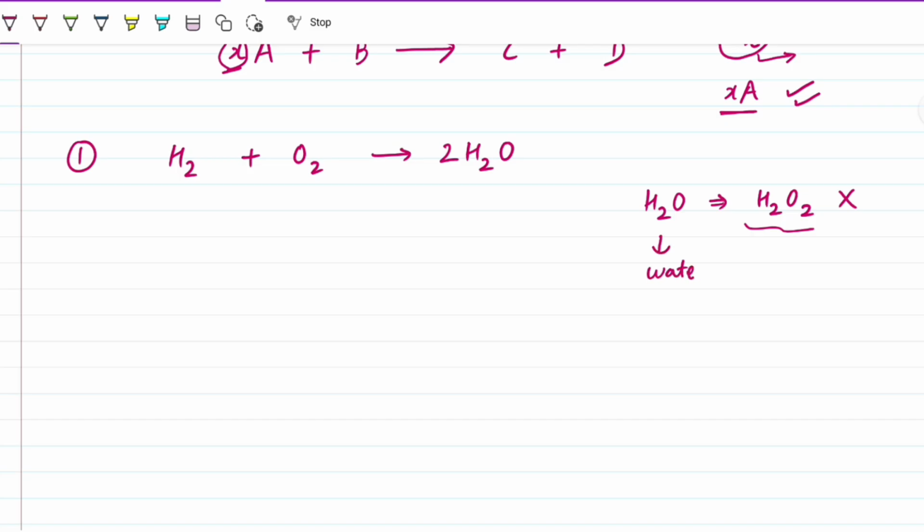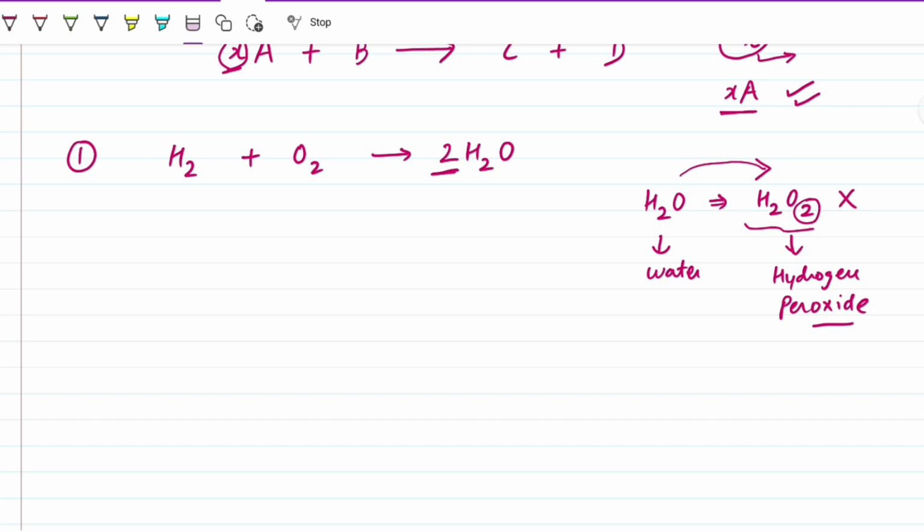This is water, whereas H2O2 is hydrogen peroxide. That means, instead of balancing the equation, we are entirely changing the compound. That is why we cannot play with the subscript number. It always has to be the number written in front.